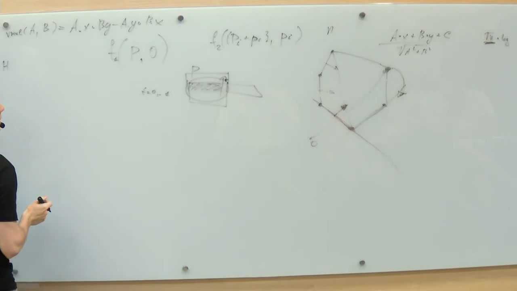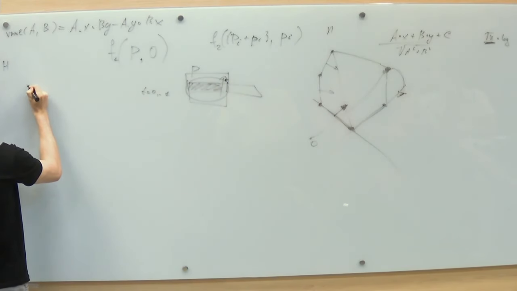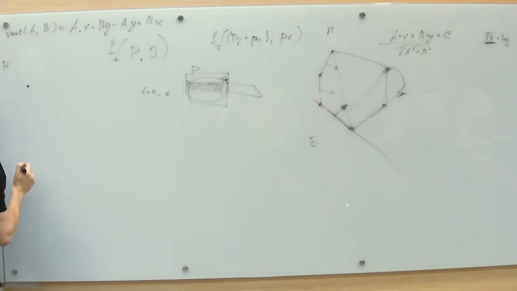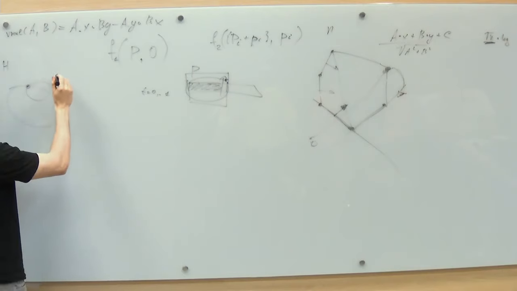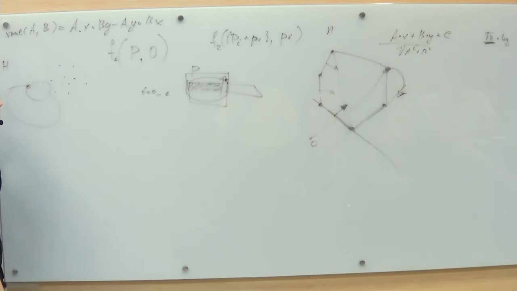So now let's consider the problem F2. We have some point that always should lie on the boundary of some circle. It could be an empty circle, a circle like this, a circle like this. And we have again a set of points that we should cover with a circle, with this point lying on the boundary of the circle.